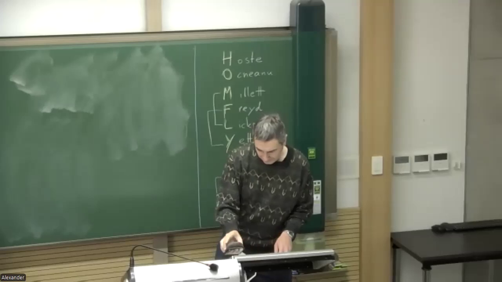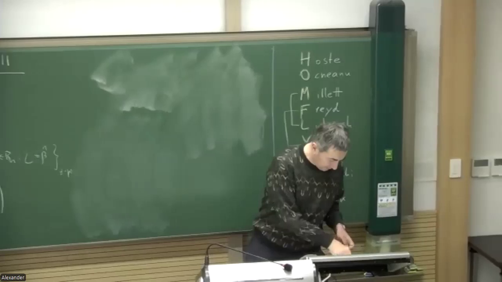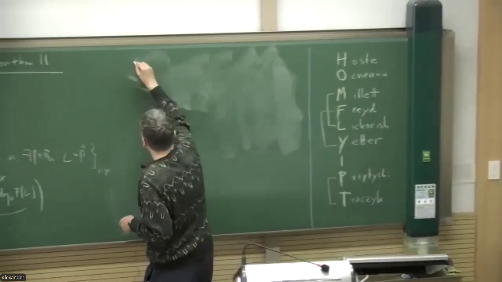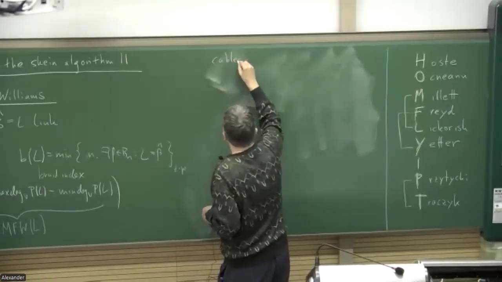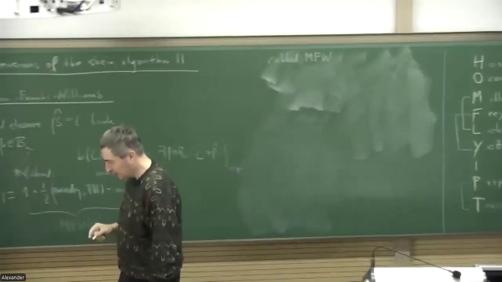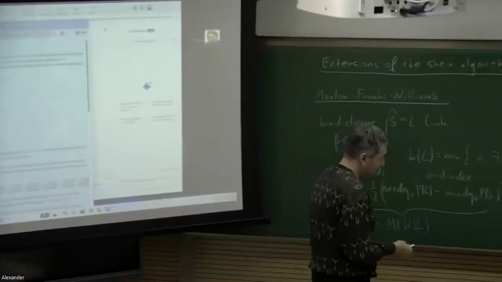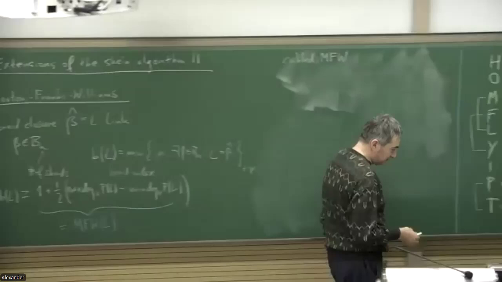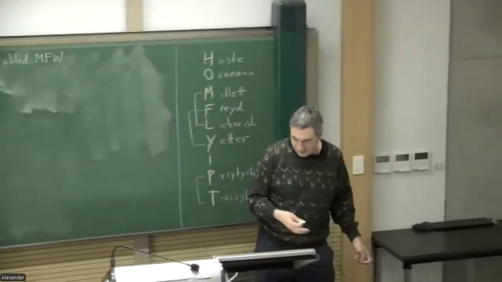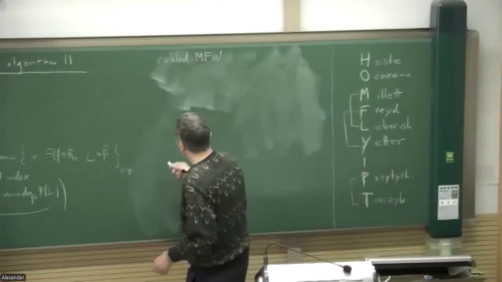Some people have tried cables. They were trying to apply the HOMFLY polynomial on a cable, and since I need this many times, I have to start explaining it. So what is a cable?